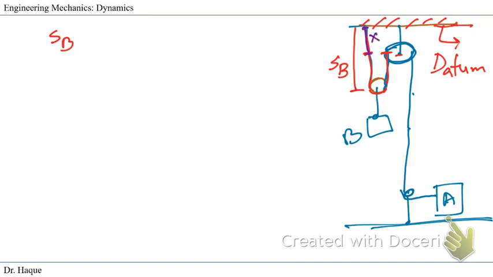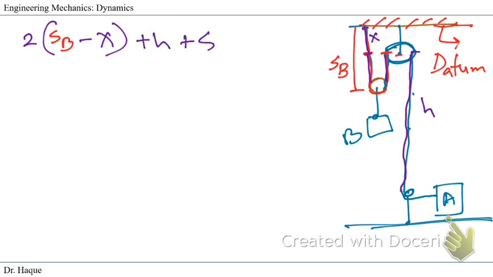Let's assume that's X. So we will get twice SB minus X. So we got this length twice, and we can have this length also fixed, which is H. So plus H plus SA.